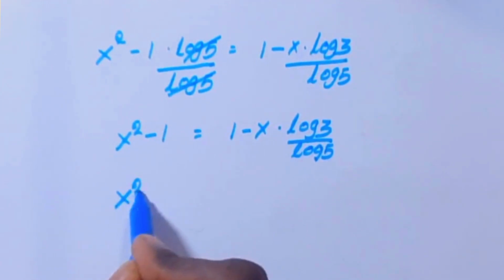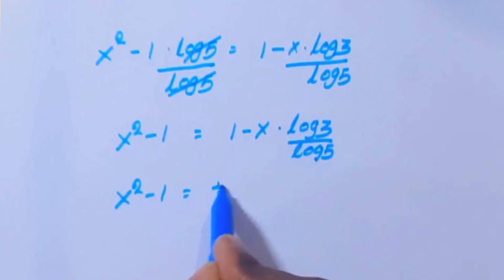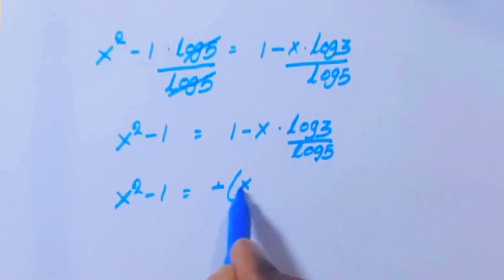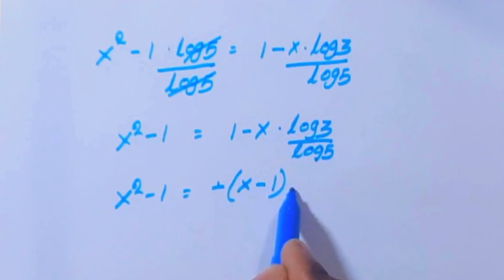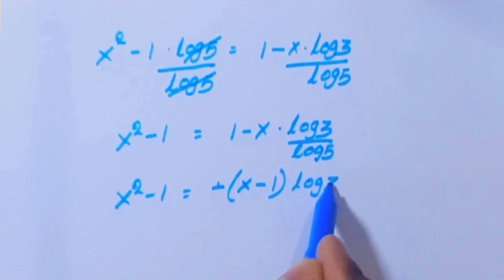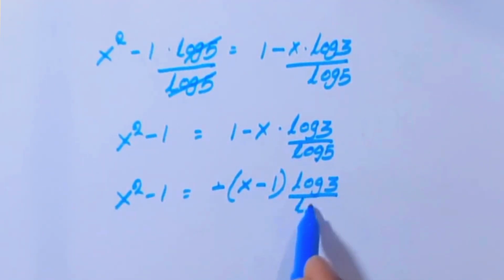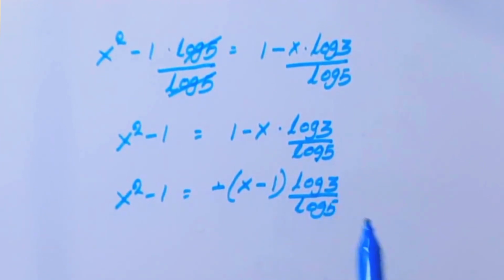Now x squared minus 1 equals minus x minus 1 times log 3 by log 5.